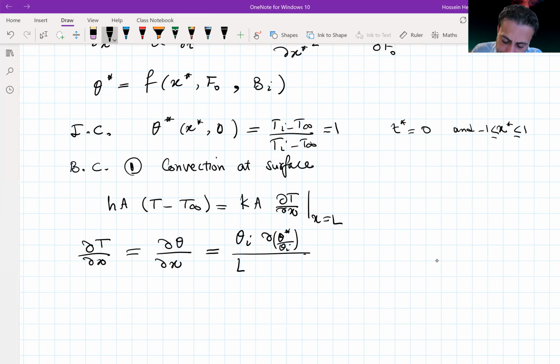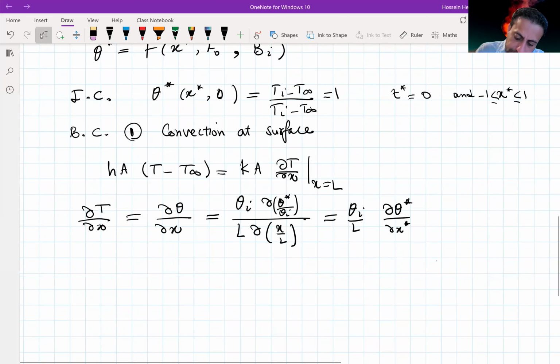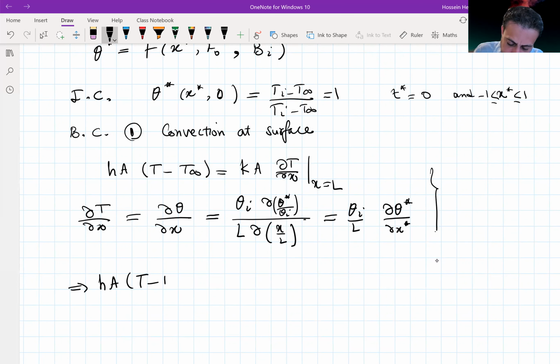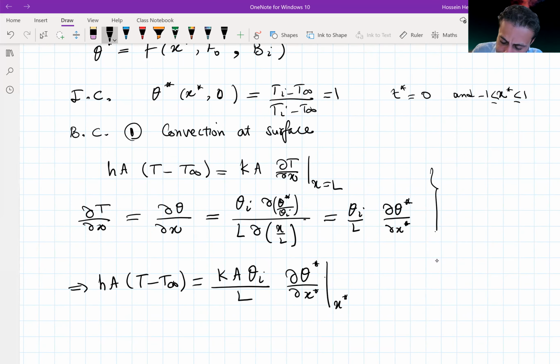And here I'm going to have L dx over L. So these are equal to each other, and it's going to be theta i over L d theta star over dx star. Now, if I replace that in the top equation, hA (T minus T infinity) would be kA theta i over L d theta star over dx star at x star equal to 1, x equal to L.